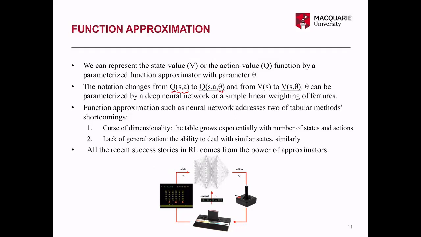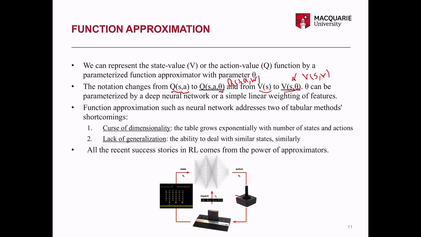In the case of a state value function, we turn that into this notation. Whenever you see V of S and W, or Q of S, A and W, it means that we parameterize these functions with some function approximation method, such as a neural network or a linear function.